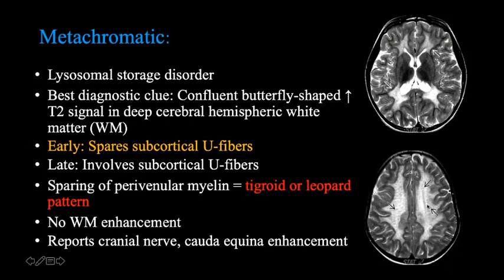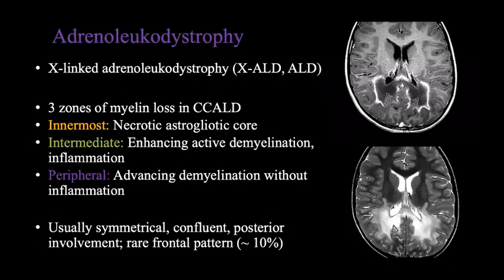There are venules running through the white matter, and these are spared. The myelin around these venules is what gives the tigroid or leopard appearance. There is no enhancement in this one. However, it can be associated with cranial nerve and cauda equina enhancement.